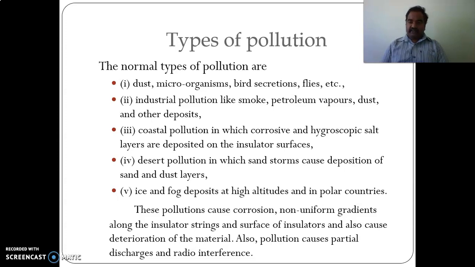Most of the times they vary the creepage distance on the surface of the insulator. Also, pollution causes partial discharges, and sometimes it may also cause radio interference.